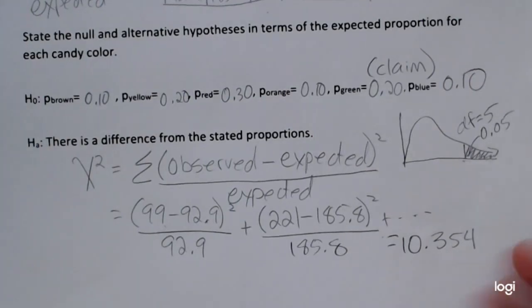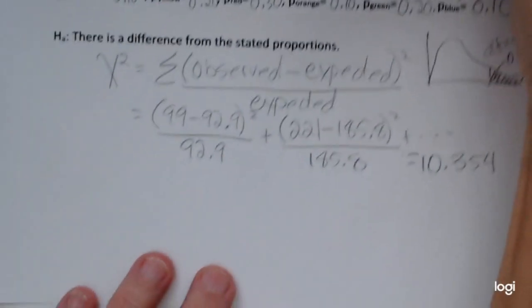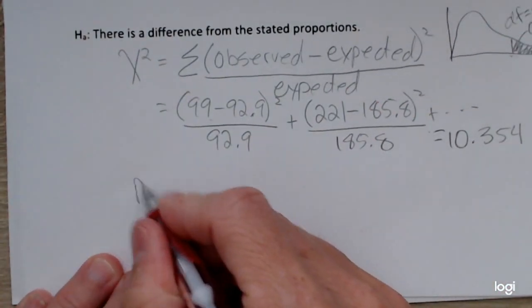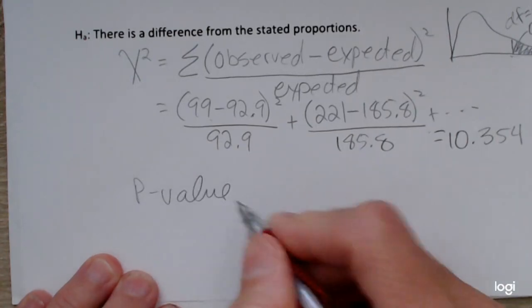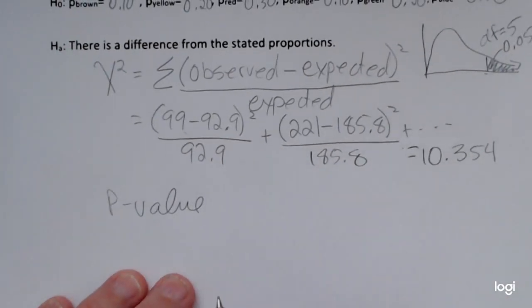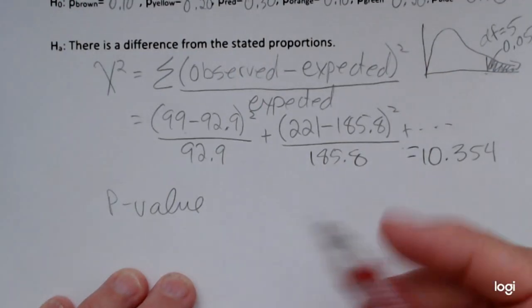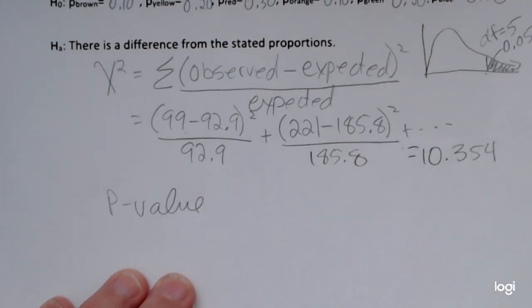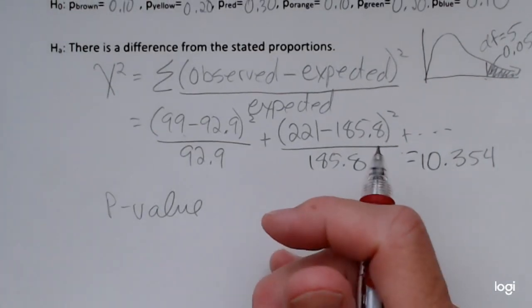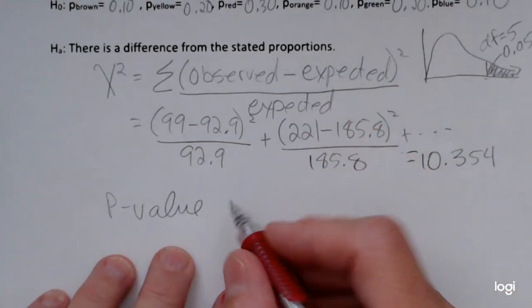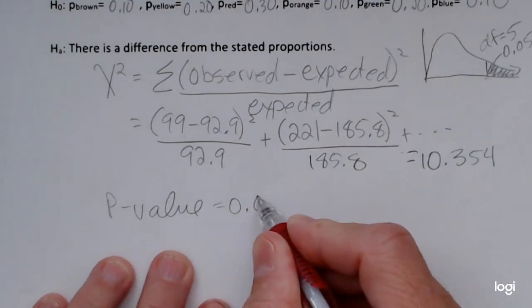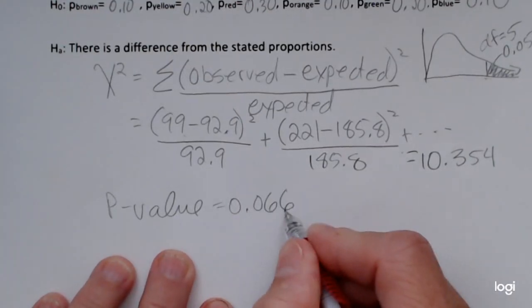Let me make some more room here. My p-value, remember, is the probability you get a test statistic at least as extreme as the one obtained by the sample. So it's the probability associated with the test statistic in terms of being more extreme. The p-value is 0.066.